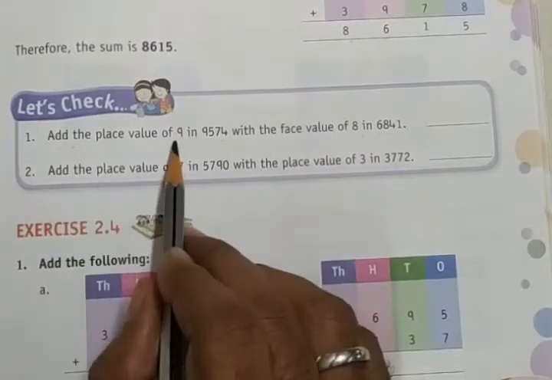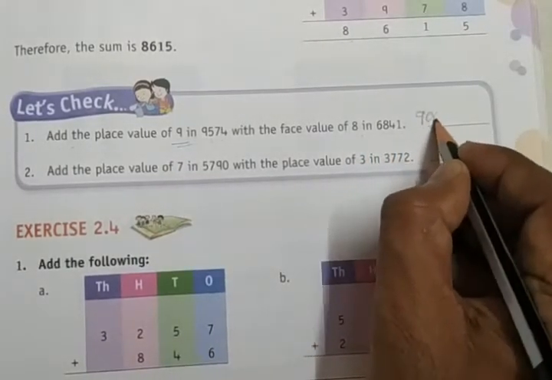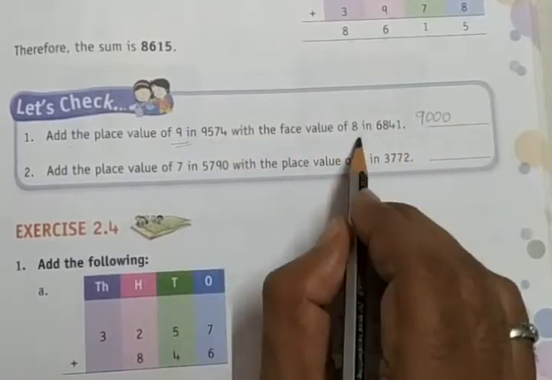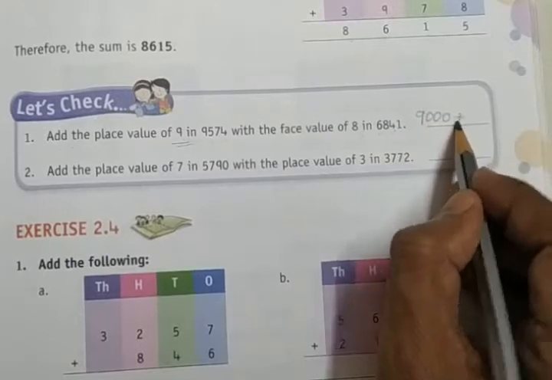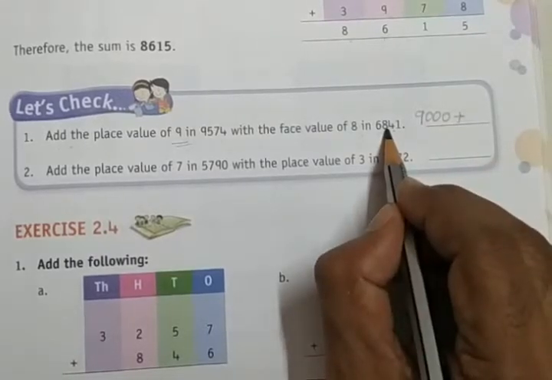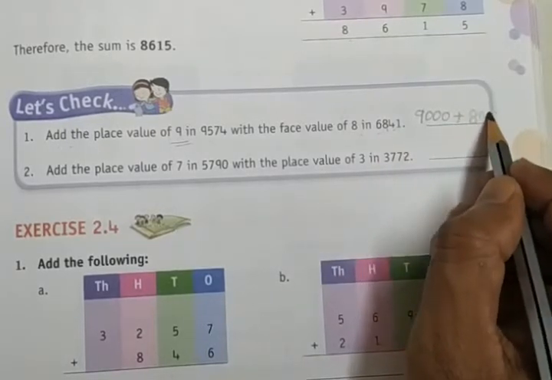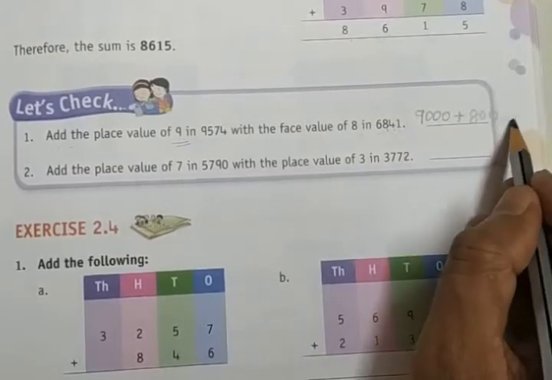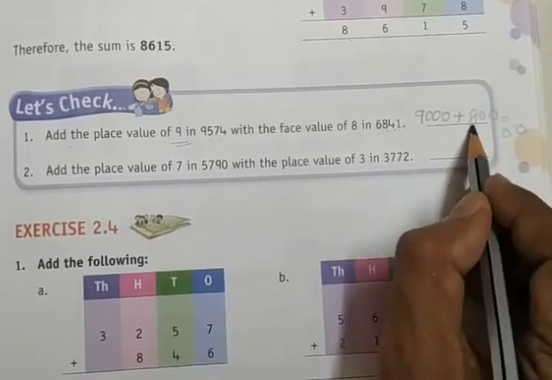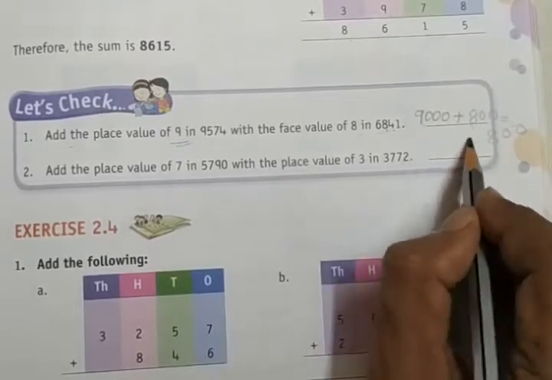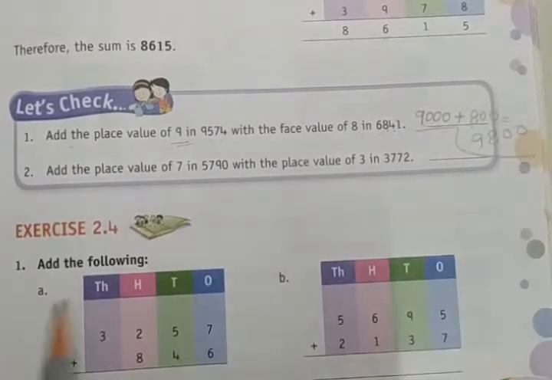The place value of 9 in this number is 9,000, plus the place value of 8 in 6,841, which is 800. So 0 plus 0 is 0, again 0 plus 0 is 0, again 0 plus 8 is 8, then 9 as it is. 9,800 only. This is how we need to sum.